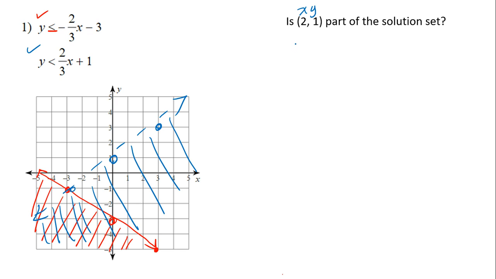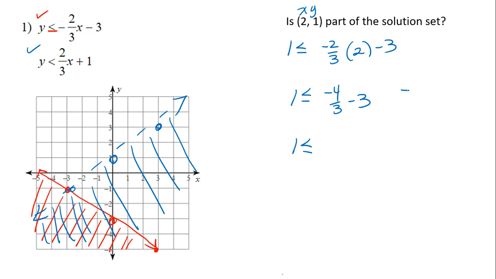So let's try that. We have 1 is less than or equal to -2/3 times x minus 3. Plug in 2 for x. We have 1 is less than or equal to -4/3 minus 3. We're going to combine these.